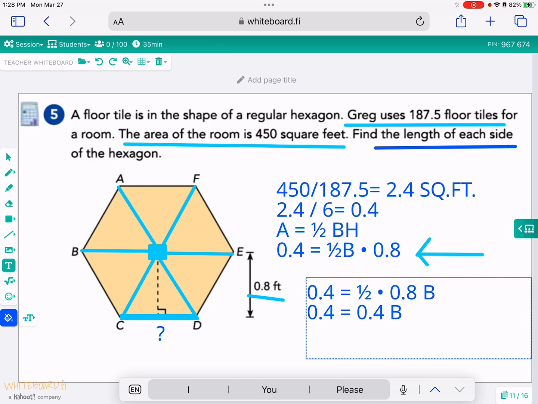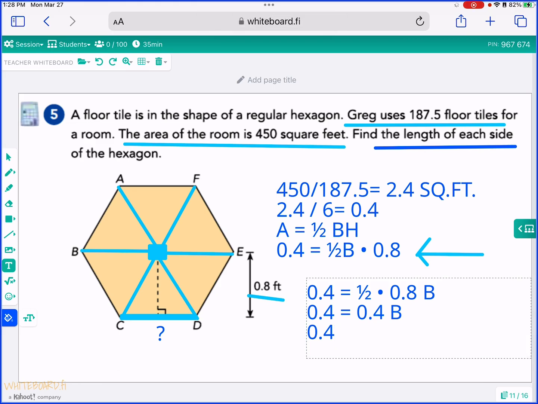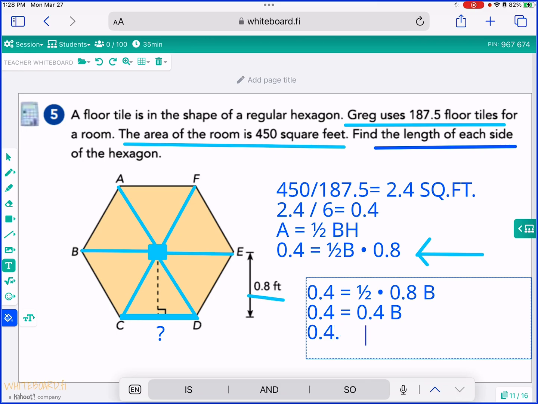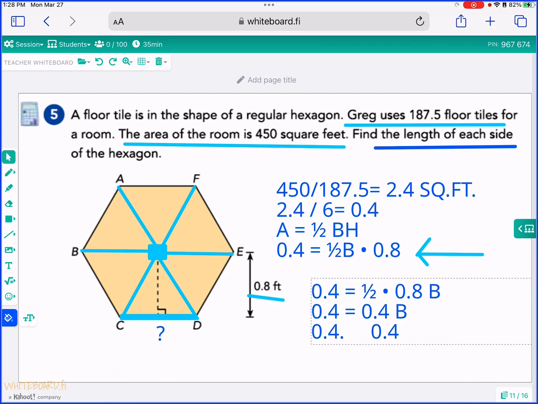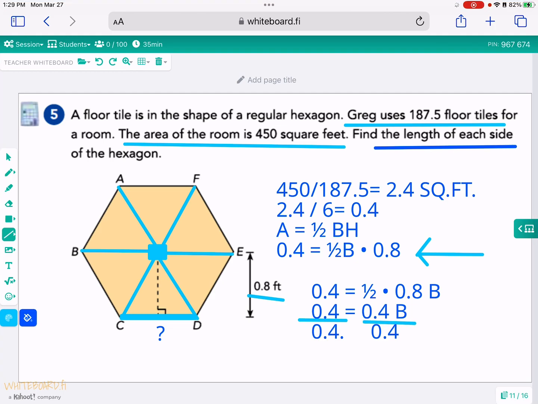Now at this point, all I have to do is divide each side by 4/10. I will put a line under that to indicate division. Here we go. We're going to divide each side by 0.4 or 4/10, and that is going to get this variable b all by itself, all right?